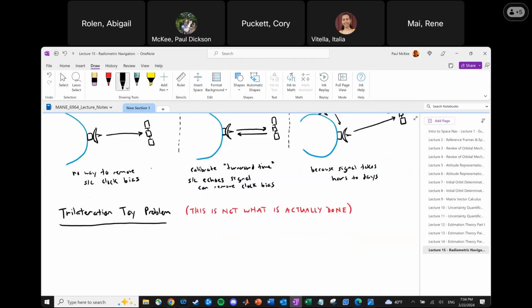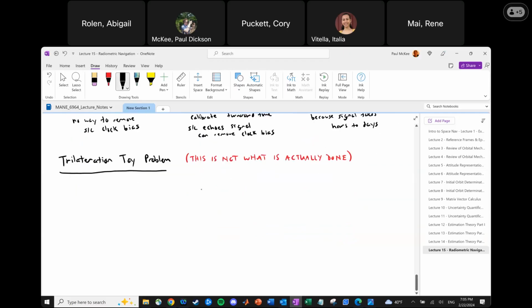So our trilateration toy problem looks a little bit like this. Let's say we've got a world frame. And let's say we've got some ground station here. You can imagine it as an observer in space with a ground station that's transmitting. Or we could say, let's do it this way, we've got a satellite. In this case, we have one satellite over here.